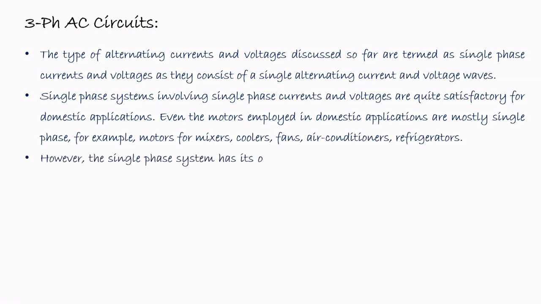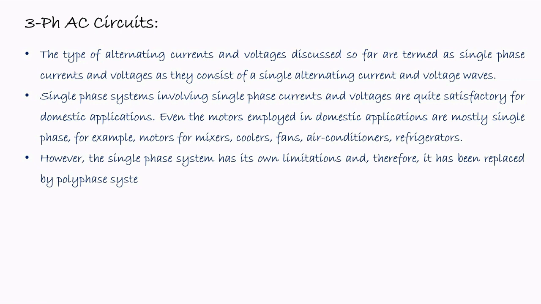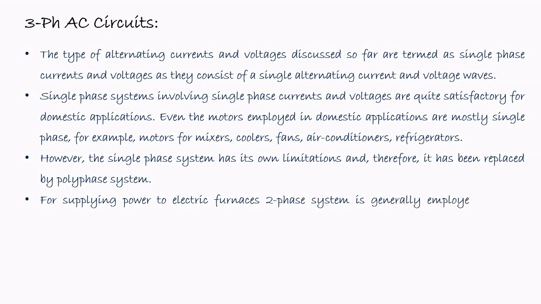However, the single-phase system has its own limitations, and therefore it has been replaced by the polyphase system. For supplying power to electrical furnaces, we need two-phase systems. Similarly, the six-phase system is usually employed for power electronics control systems.